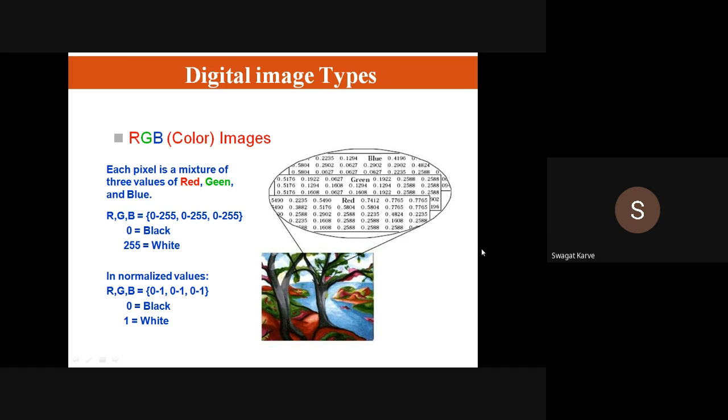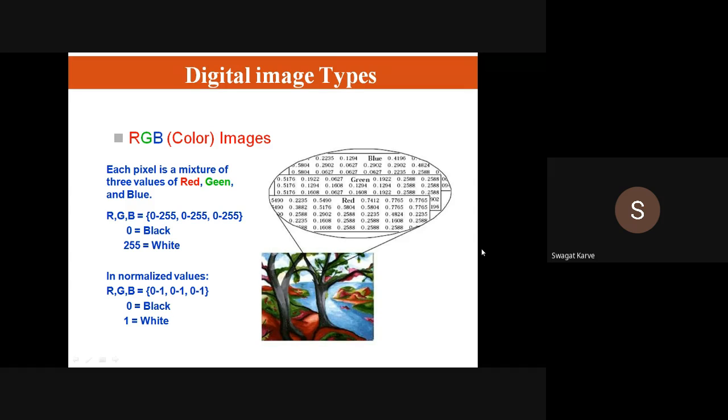If you choose b equal to 24, that is 2 raised to 24, and for each color you will get different levels: 0 to 255 levels for red, 0 to 255 levels for green, and 0 to 255 levels for blue.